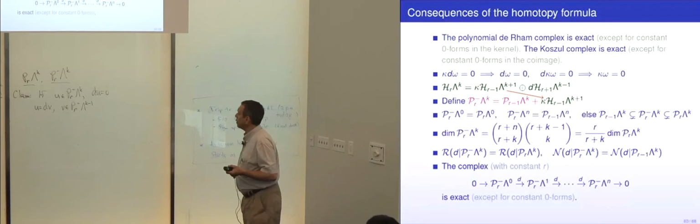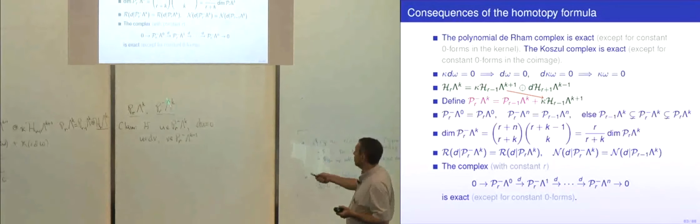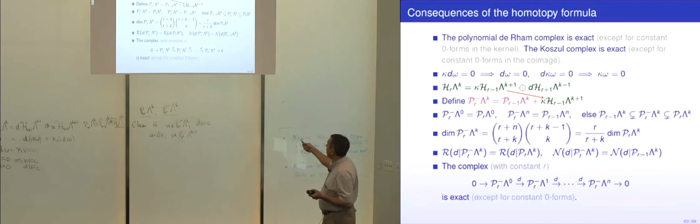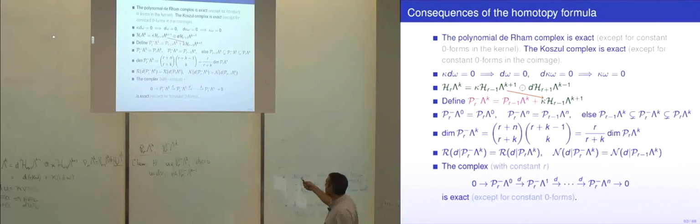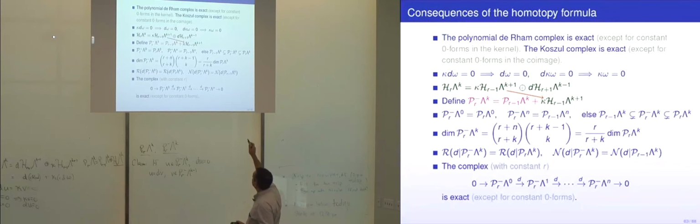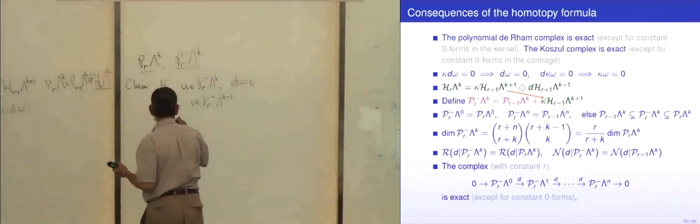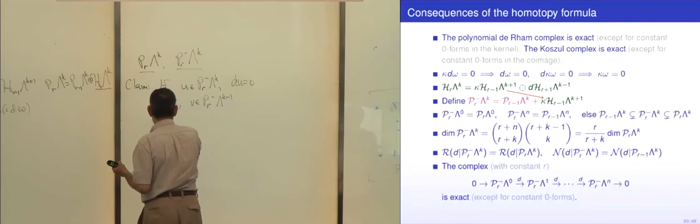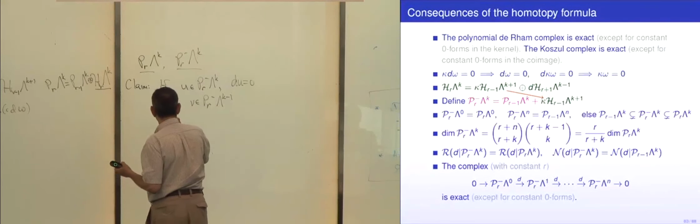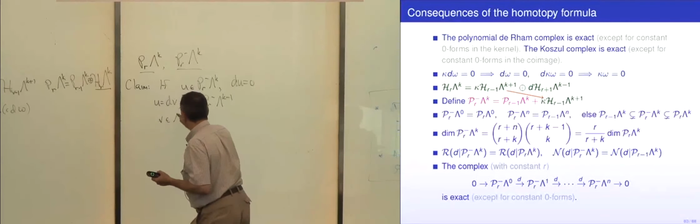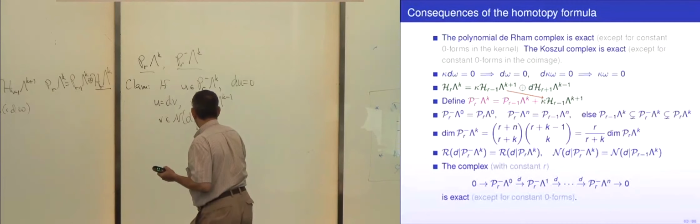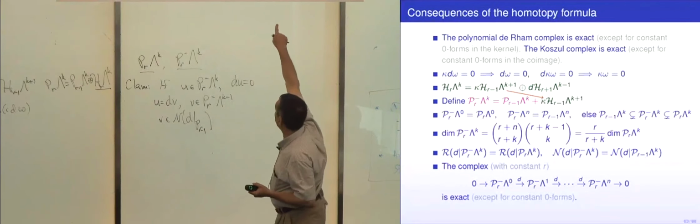If u is in P_r minus and in the null space, then it's in the null space of D on P_{r-1}. That means, by the polynomial de Rham complex, v is in P_r minus, v is in the null space of D restricted to P_{r-1} by that line there.